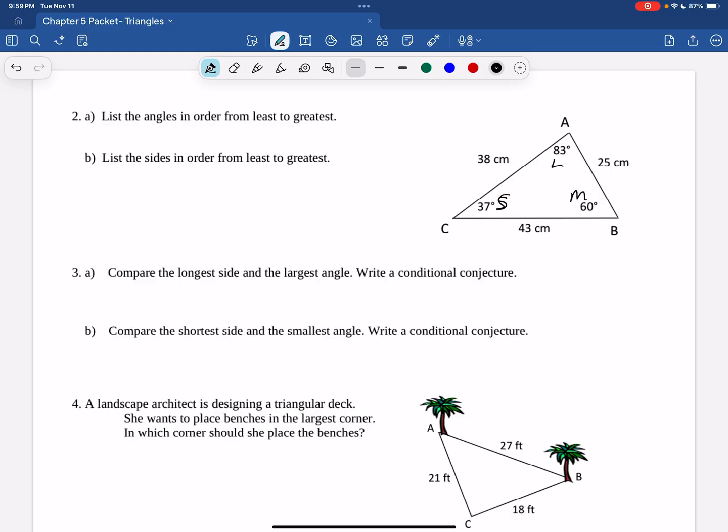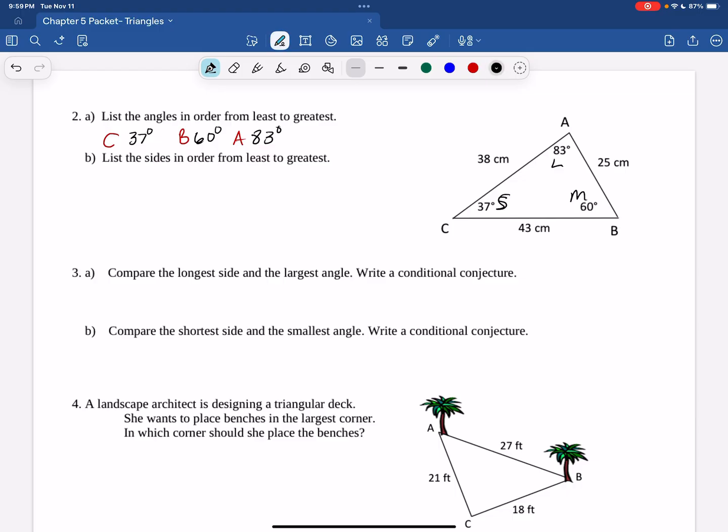So in order from least to greatest, the angles are 37 degrees, and then 60 degrees, and then 83 degrees. So that would put angles C and B and then A.